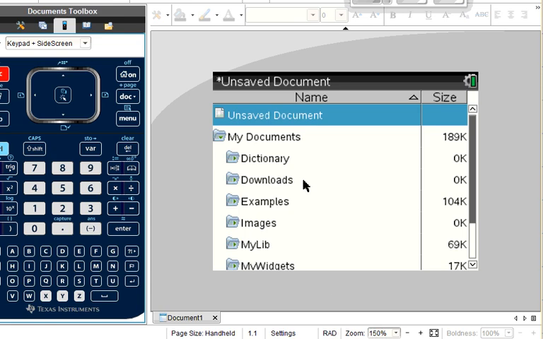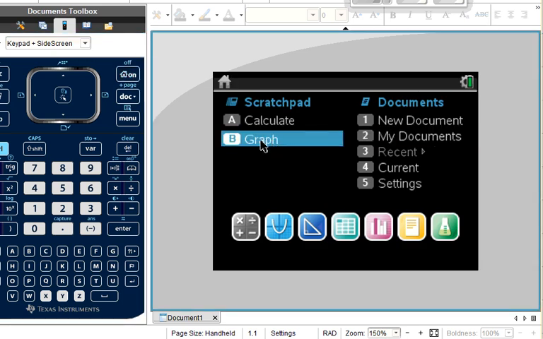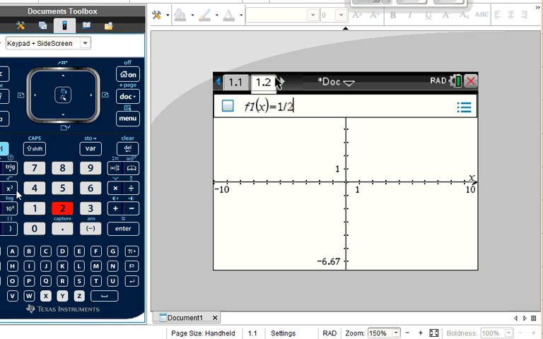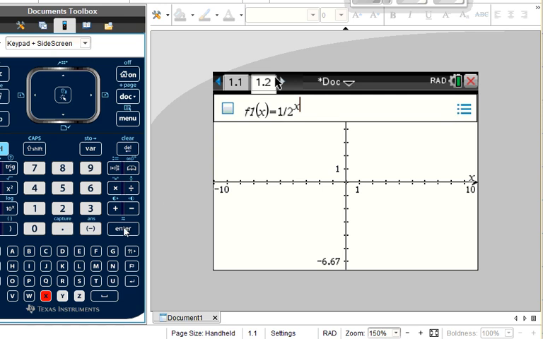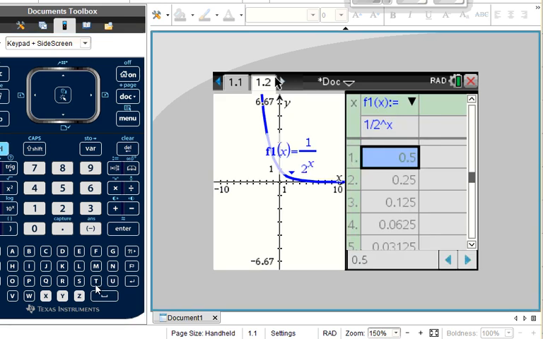So let's put that in our calculator real quick if it'll cooperate with us. So we're just going to type in 1 divided by 2, the little rooftop, and an x. Hit enter, there's my graph. If I press Control T, it brings me up a table that I can write down as well.